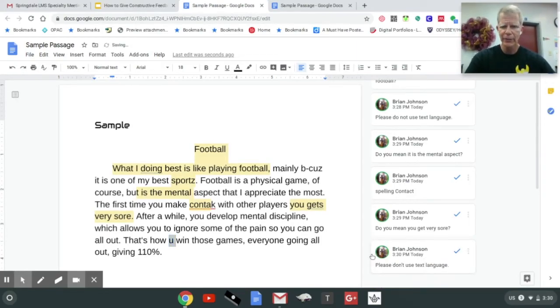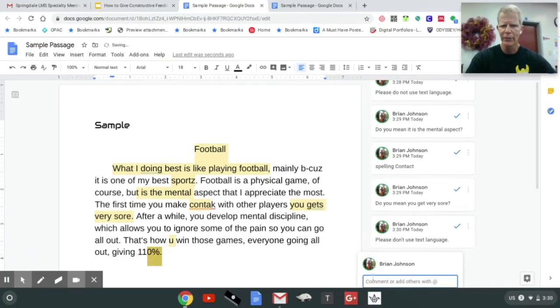Then because I want to make sure that the feedback I've given is actionable, or that this person can do something with it, I'm just going to make a little list of my comments here. I'm going to say, avoid text language in your writing.